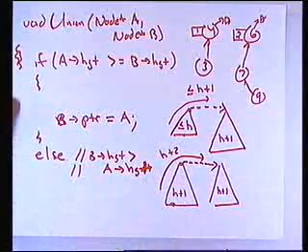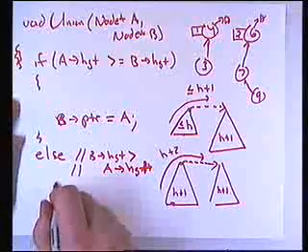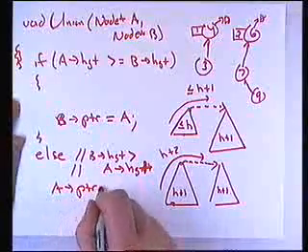If the B height is greater than the A height, then you simply point A pointer to B.